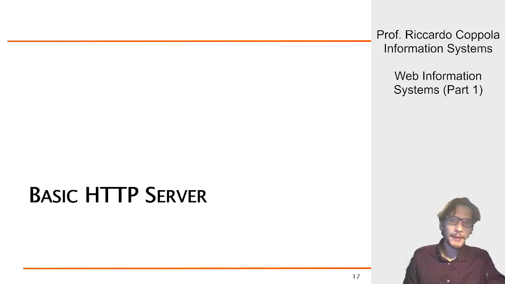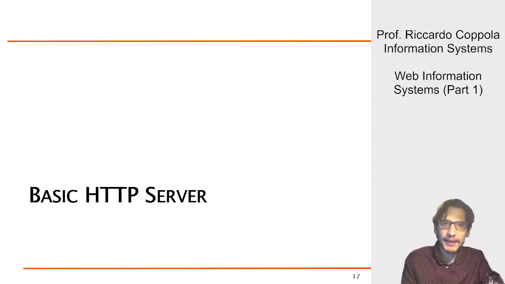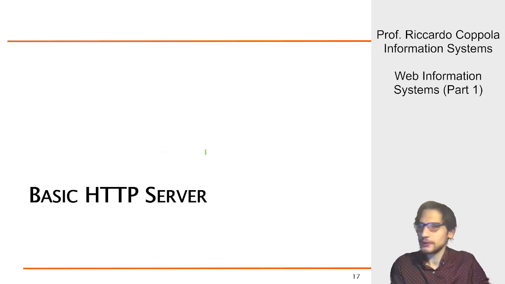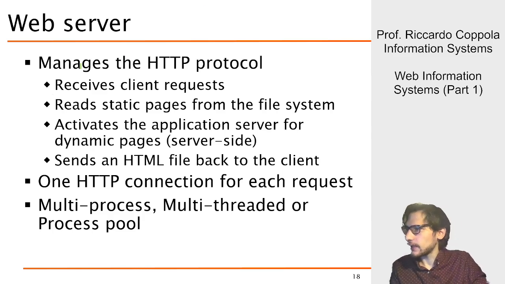The main type of server that we will talk about is the HTTP server, so an application which uses the HTTP protocol, which is also called web server. A web server will be able to manage the communication through HTTP. And what does a web server do?